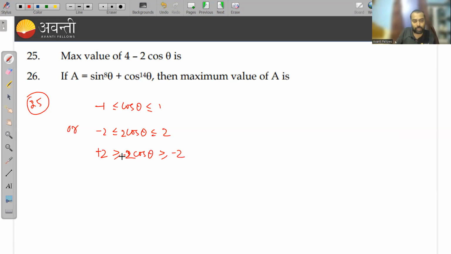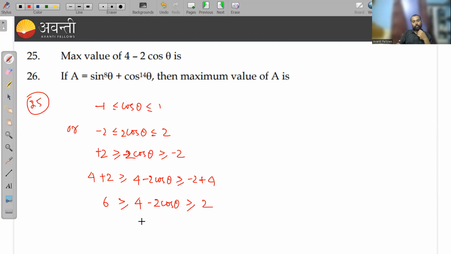Now, if we add 4 to each term of this inequality, we get 4 plus 2 greater than or equal to 4 minus 2 cos theta, greater than or equal to minus 2 plus 4. So we are getting 6 greater than or equal to 4 minus 2 cos theta, greater than or equal to 2.